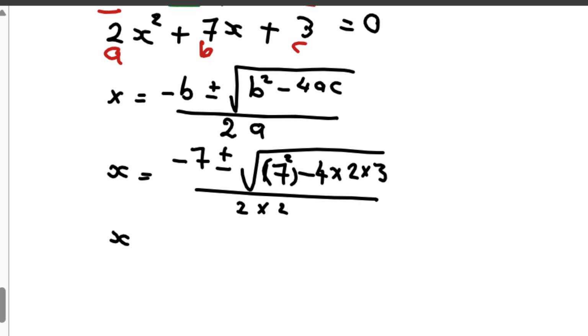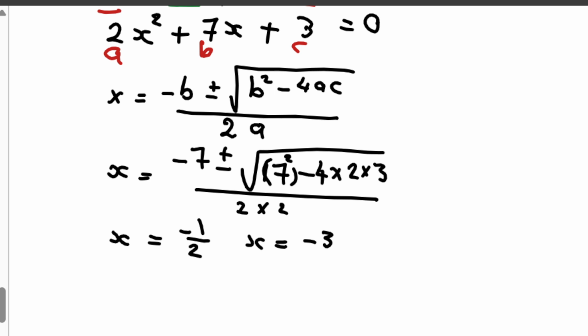Now plug this in your calculator. First use plus and then use minus, and you'll get two values of x. Let me just do it quickly. The first value of x I got is x equals negative a half, and the second value of x equals negative 3. That's very good.